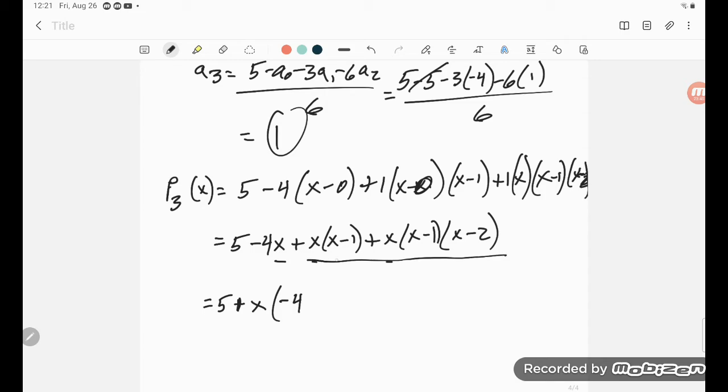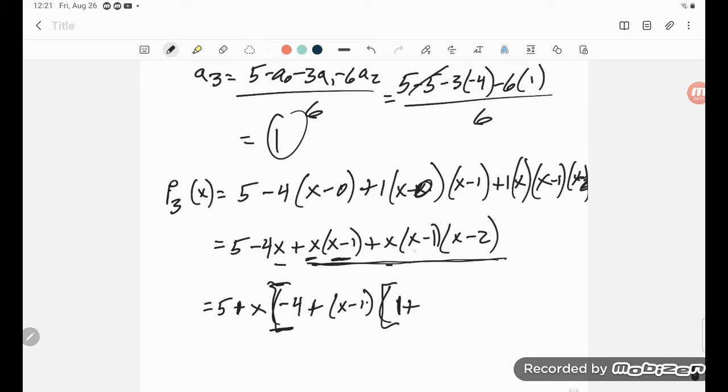So I've got that left. Well, I'm going to take this and factor out the x minus 1. So this is plus x minus 1 times, let's use a square bracket here and square bracket there. I factored out the x already and the x minus 1, so I just have a 1 left, plus then the x minus 2.